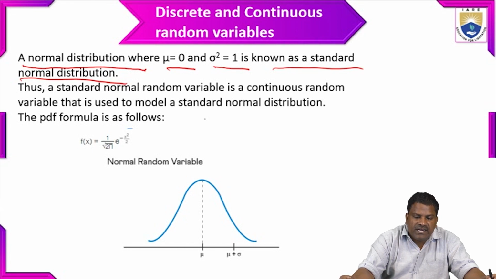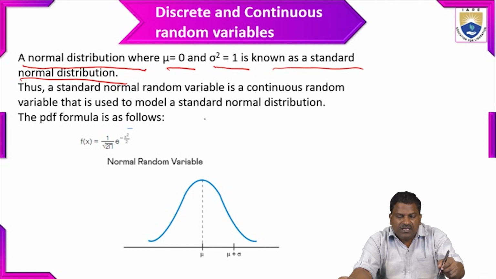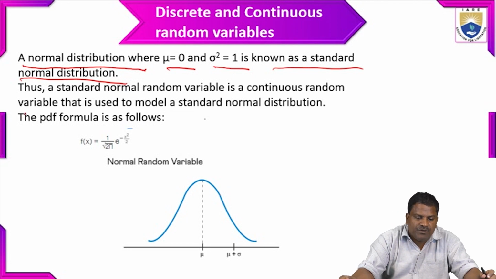Thus, a standard normal random variable is a continuous random variable that is used to model a standard normal distribution. The probability distribution function formula is as follows.